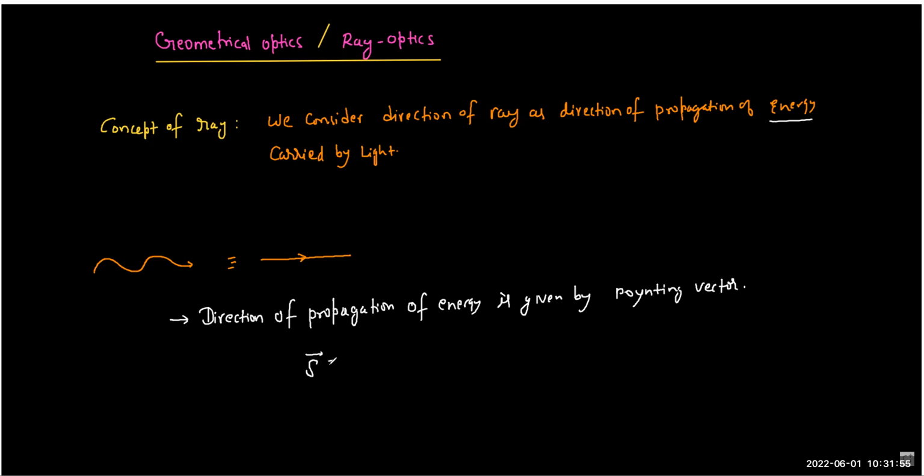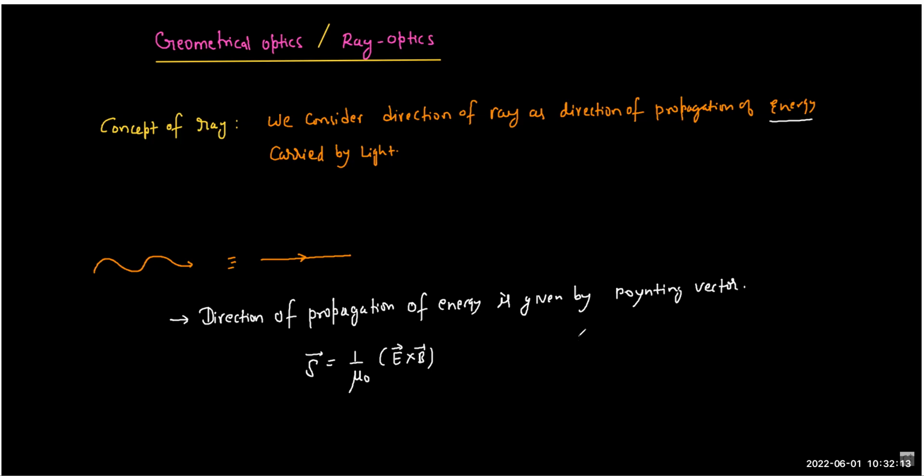The S vector we write as 1 upon mu naught, E cross B, where mu naught is the permeability of free space.